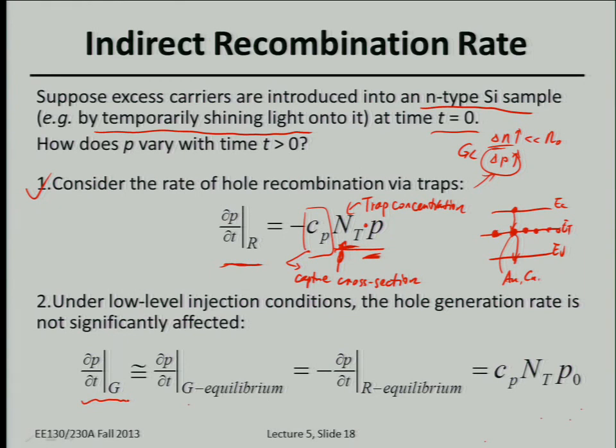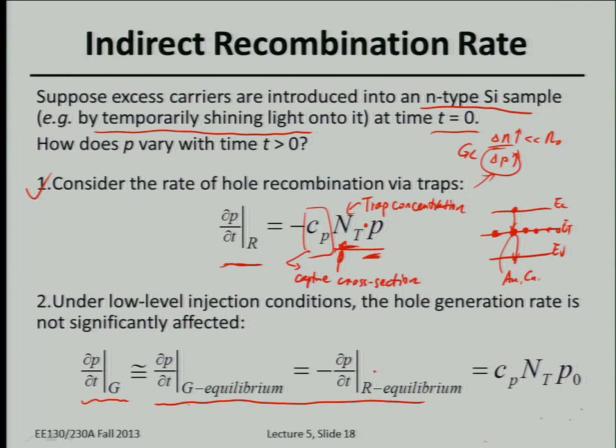Low-level injection also tells us those two have to balance each other, because after a sufficiently long time, we cannot expect an infinite number of holes or electrons. Once we turn on some light there will be some transient behaviors, but after a sufficiently long time those two processes should balance each other, so our system will reach a steady state, okay?